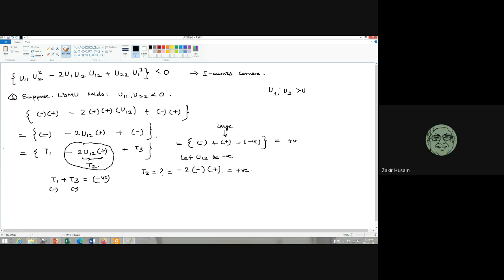This is positive. So what we have shown is that if the law of diminishing marginal utility holds, okay, then under certain circumstances, if U12 is negative and sufficiently large, then this term is positive. So can indifference curve be convex to the origin?